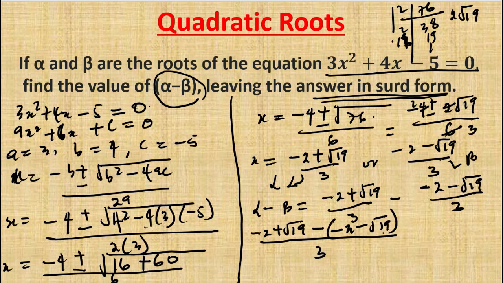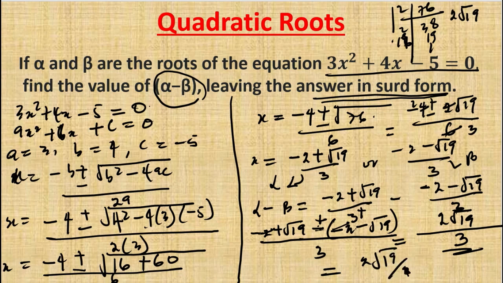If I open this bracket, obviously this will become plus. Minus times minus here will become plus. Minus times minus here also will become plus. So minus 2 plus 2 will cancel, and plus root 19 plus root 19 will be 2 root 19 over 3. So my expected result is 2 root 19 over 3.